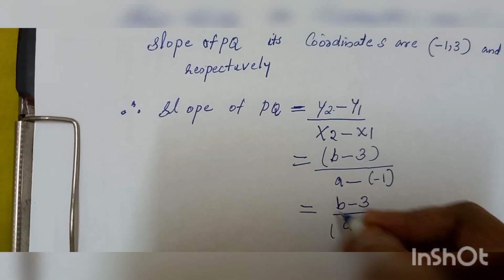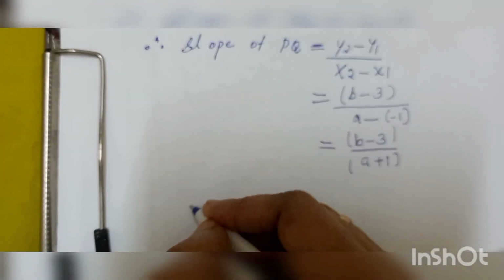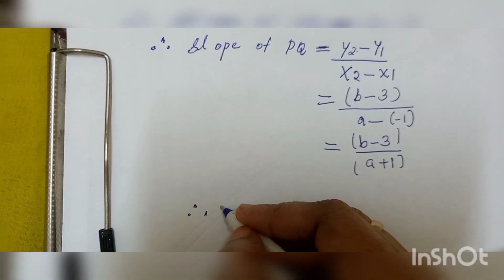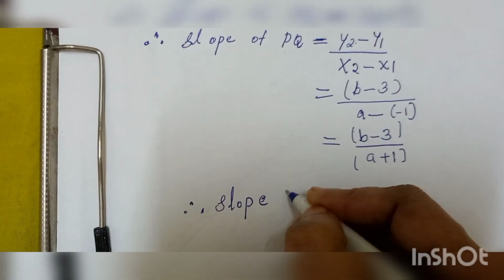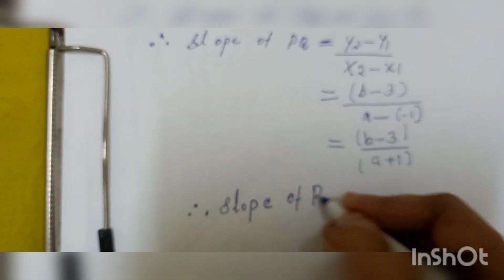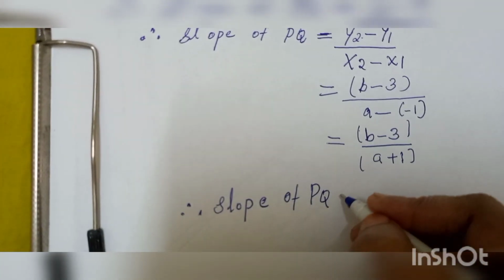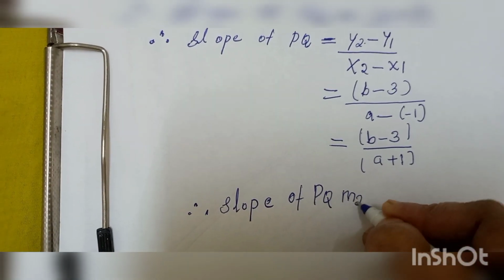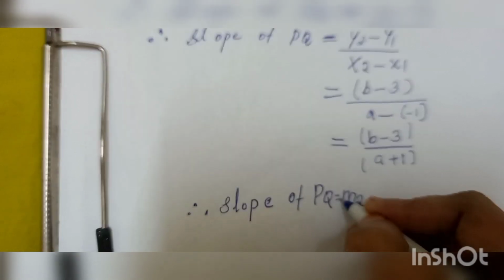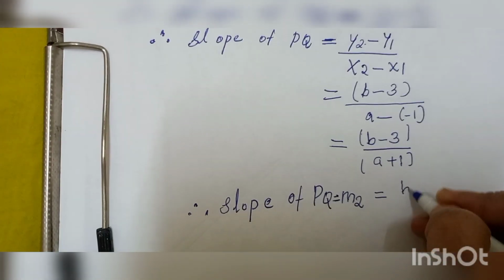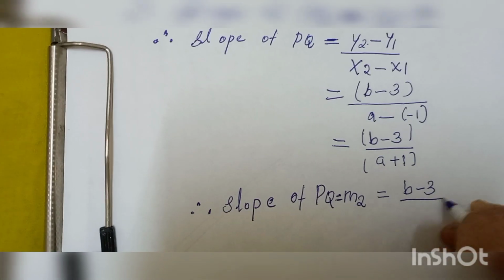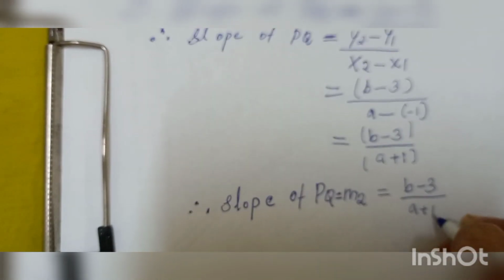Therefore the slope of PQ, represented by M2, is equal to (b minus 3) whole divided by (a plus 1), isn't it?